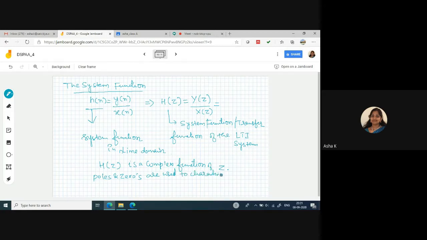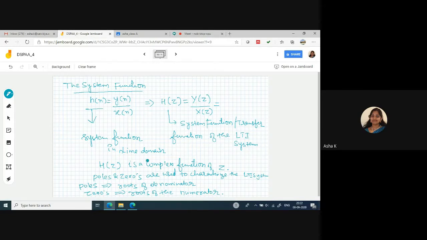For this linear time invariant system, poles are nothing but the roots of the denominator, and zeros are nothing but the roots of the numerator.